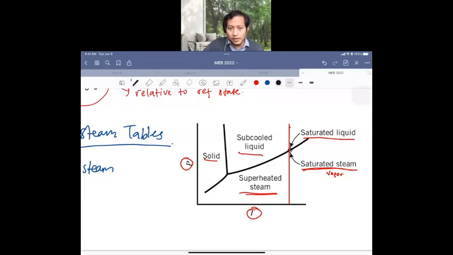We look at B5 and B6 for saturated steam and B7 for superheated steam, and we can find the specific volume, the internal energy, the enthalpy. After we use that information, we can put it into our solutions.